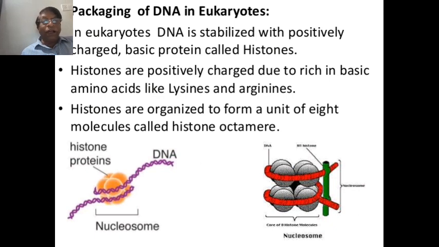Now we shall study how the DNA is packed in the eukaryotic nucleus or in the eukaryotic cell. In eukaryotes, the negatively charged DNA is wrapped around a positively charged protein octamer, that is histones, forming a structure called nucleosome.